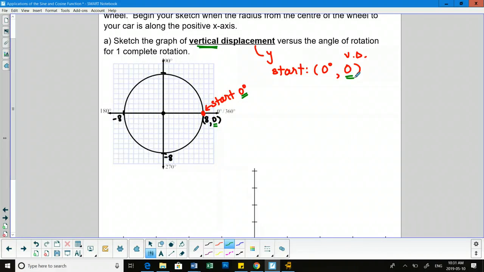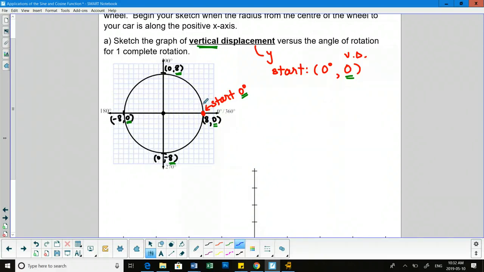Okay? So this point is 0, 8, and then we have 8, 0, and then 0, negative 8. I'm interested in each of these y coordinates as we rotate around, and my x's will be the angle locations of where my cart is heading.